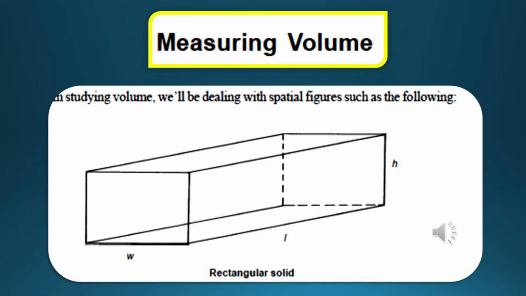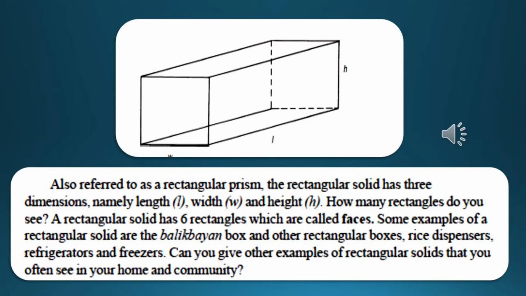Let's proceed to measuring volume. In studying volume, we'll be dealing with special figures with the following dimensions: the width, the length, and the height. This is also referred to as a rectangular prism. The rectangular solid has 3 dimensions, namely length, width, and height.